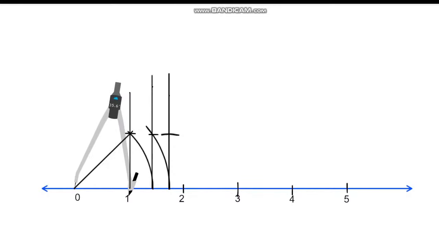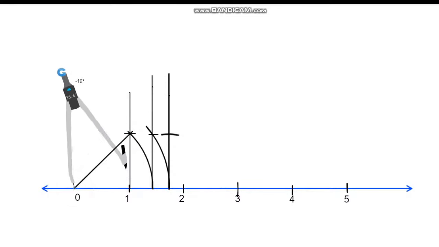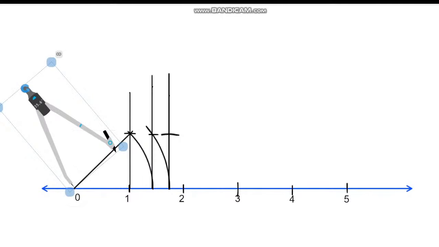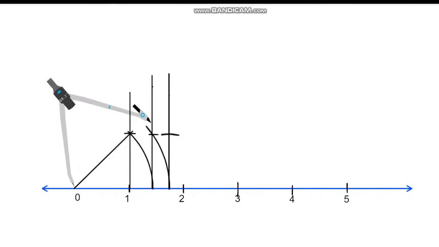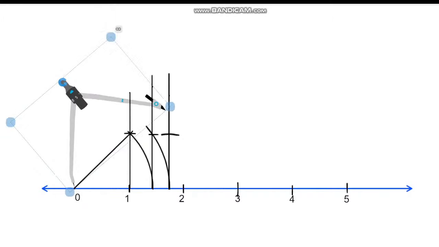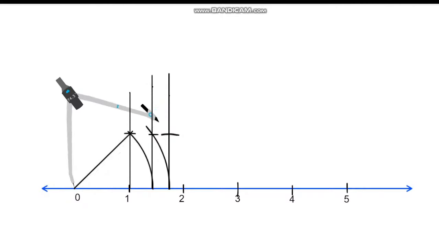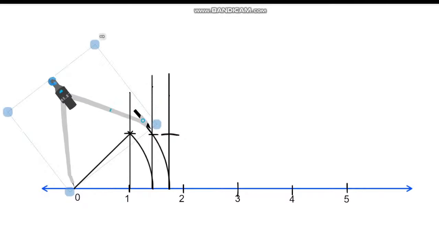You all should draw in your notebook with me, because afterward I am going to give you homework also, to draw another figure, to locate other irrational numbers.